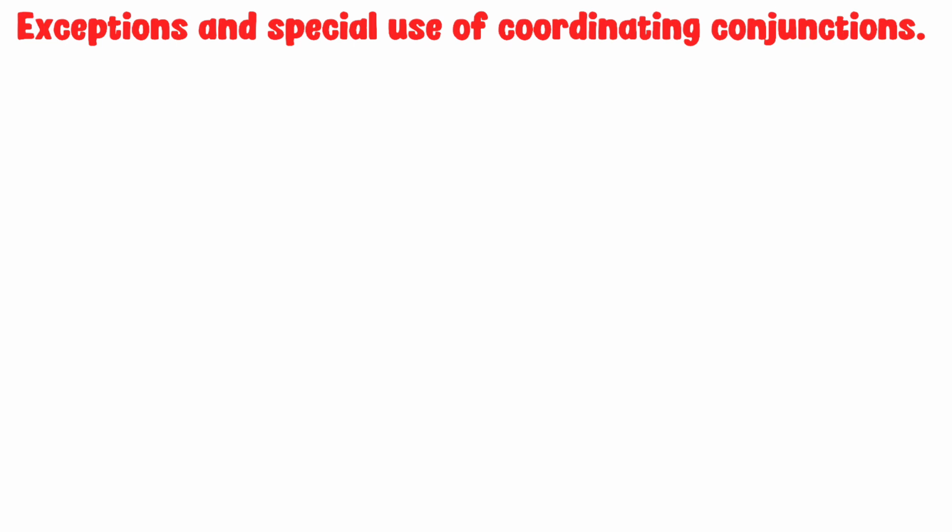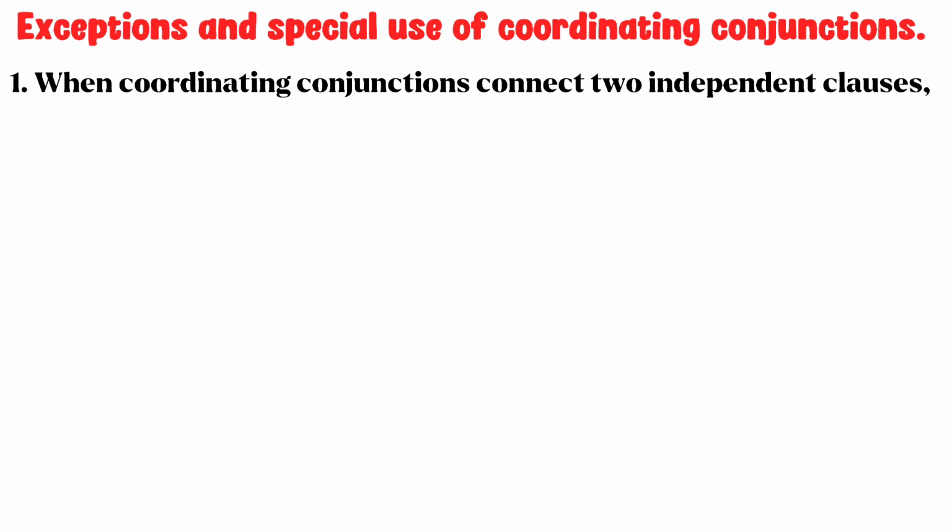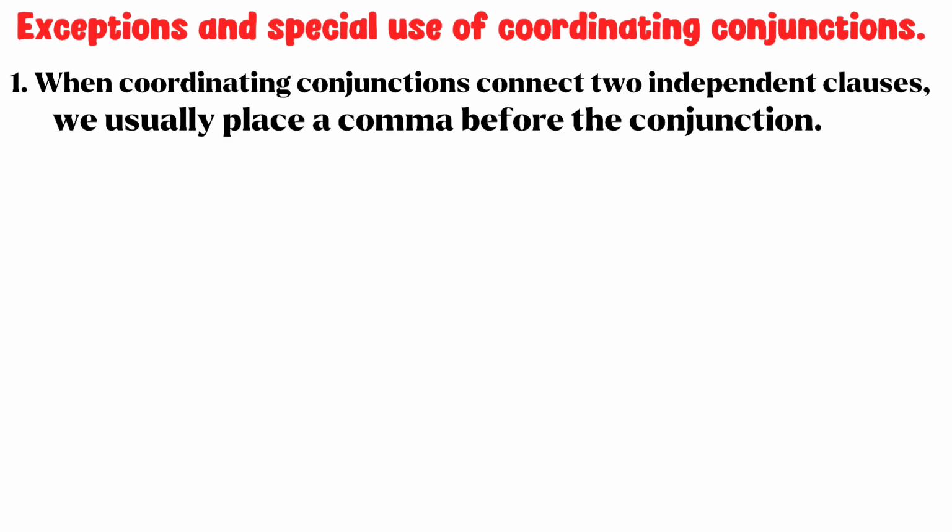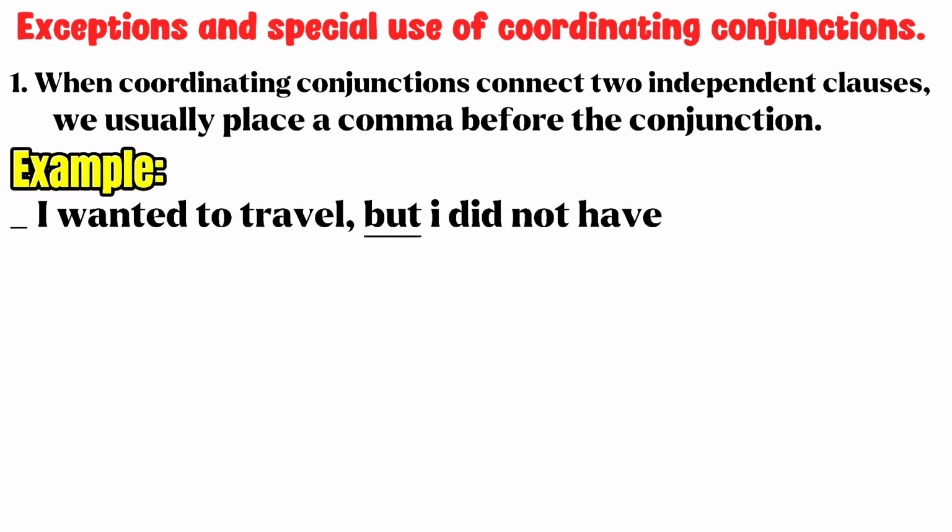Now let's go to the exceptions and the special use of coordinating conjunctions. When coordinating conjunctions connect two independent clauses, we usually place a comma before the conjunction. Example: I wanted to travel, but I did not have enough money.